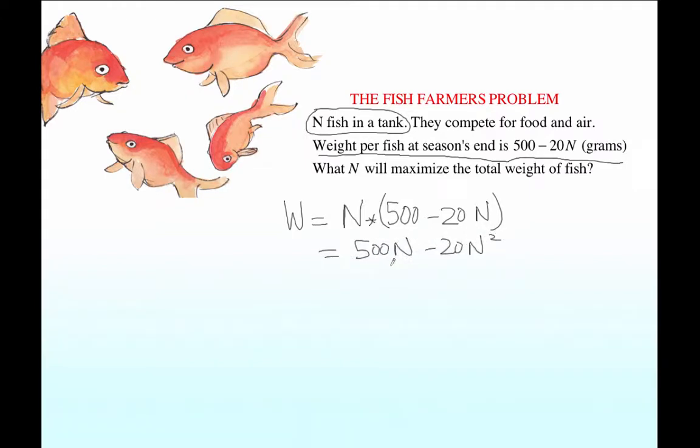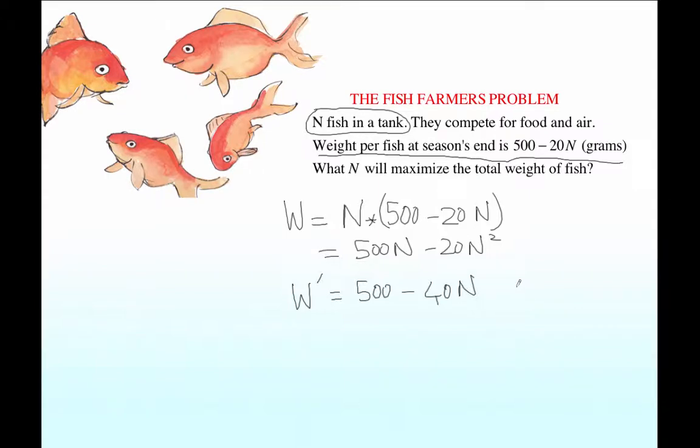The first term tells you that the more fish you have, the better it is. The second term tells you that you cannot put in too many fish, but exactly how many, so that W is the maximum? Well, let's take the derivative, W prime, that's 500 minus 40N.